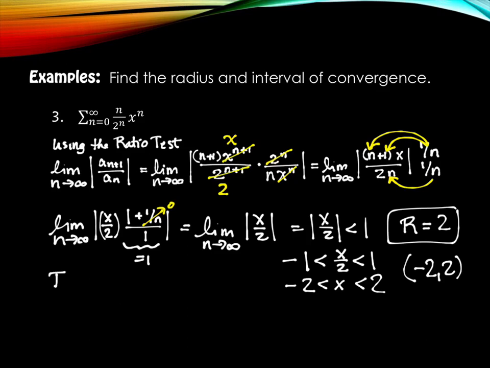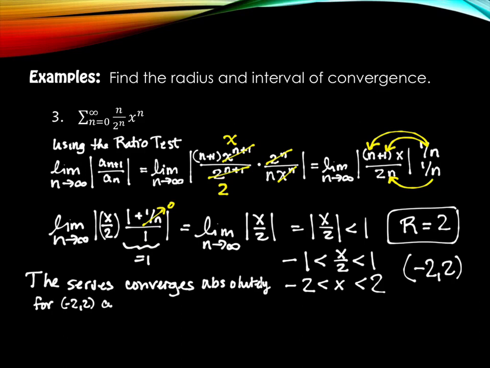So the series converges. Not only does it converge, but the ratio test tells us it converges absolutely, for the interval -2 to 2, and diverges when x is either greater than 2 or less than -2.